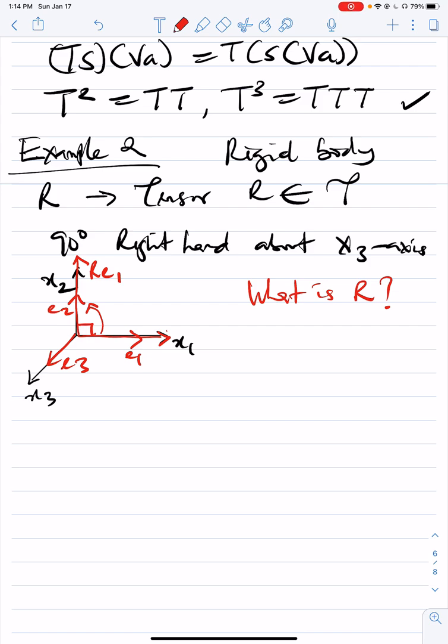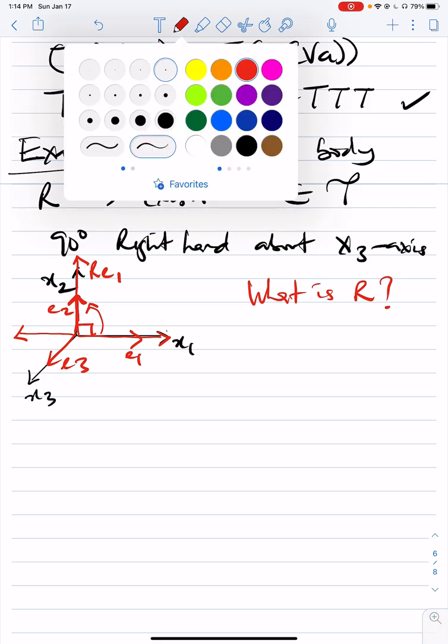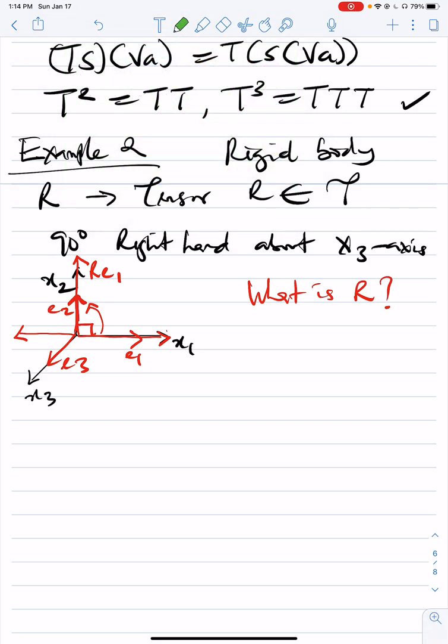Then e2 is here, right? If you rotate by 90 degrees, it moves to this point to become R e2. Okay, I think I should have used different colors for the rotated ones to make things easy, so you can easily see what I'm doing. R e1 here, right? R e2.